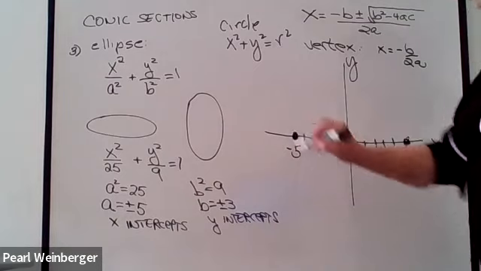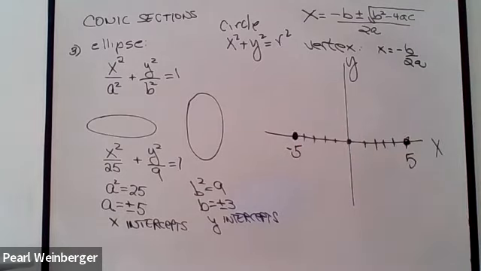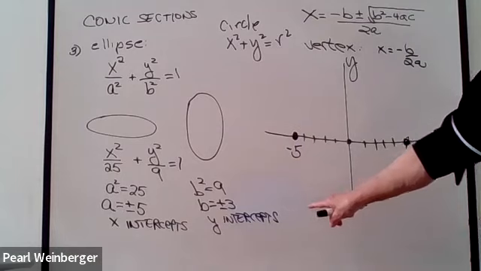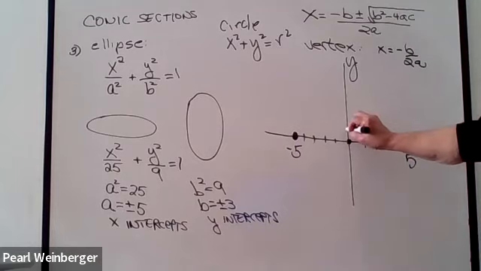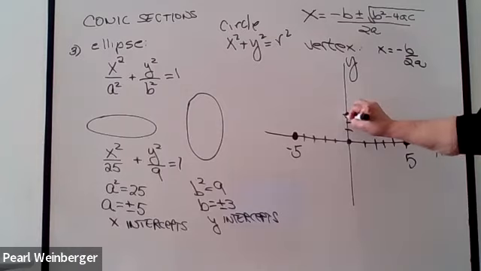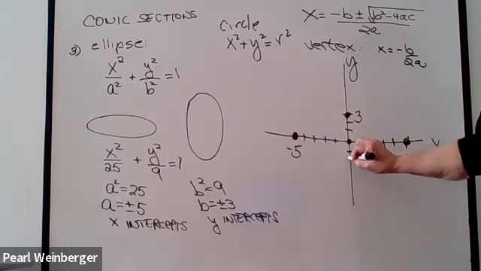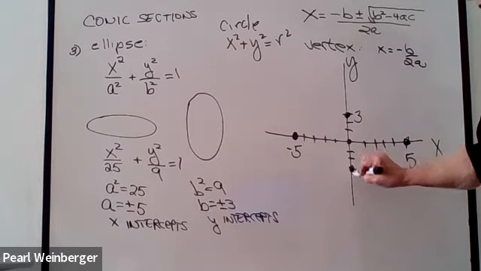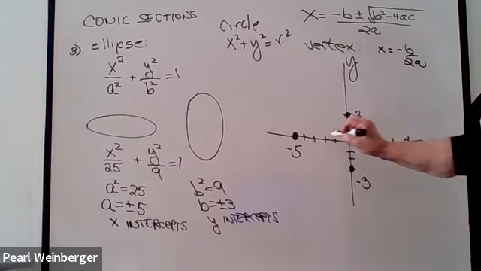Those will be the two x-intercepts, the two places where the graph will cross the x-axis. On the y-axis, I'm going to go up to 3, and then I'll also go down to negative 3. Those are my two y-intercepts.